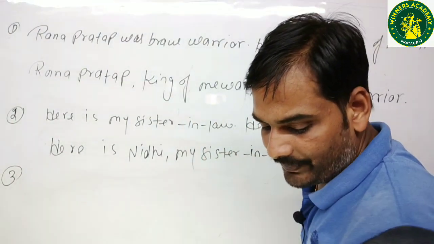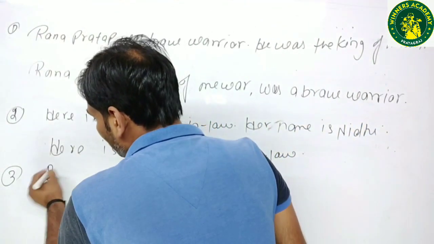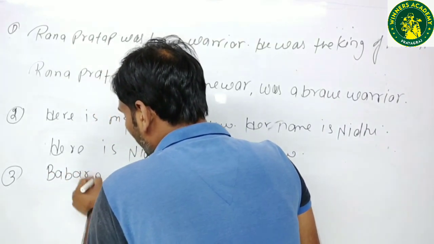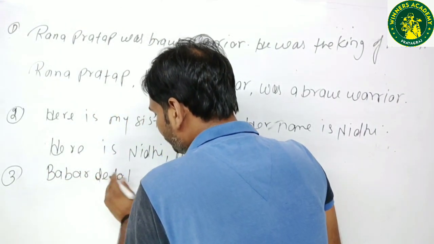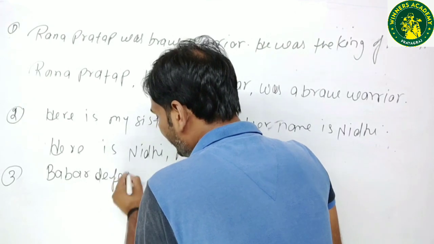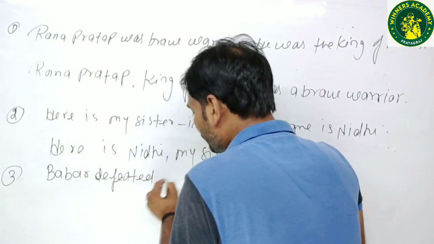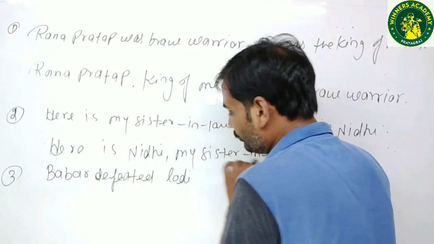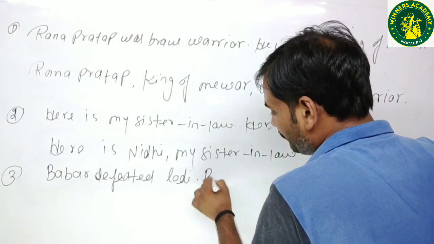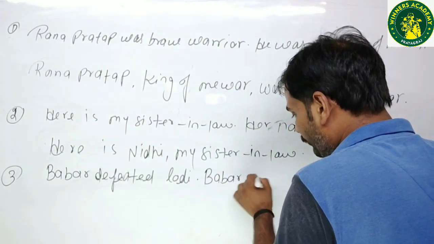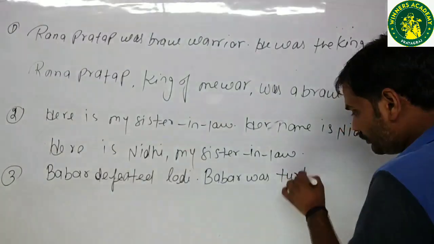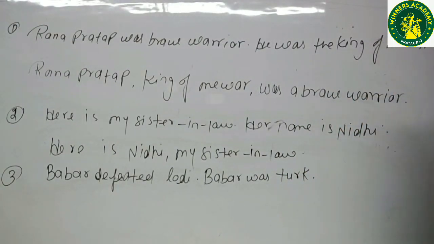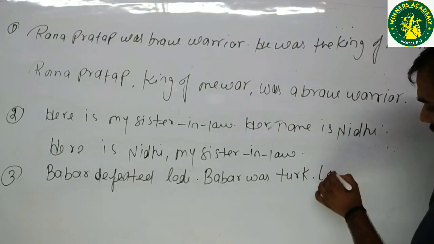Our third sentence is, Babur defeated Lodi. This sentence is very good. Babur defeated Lodi. Full stop. And then, Babur was a Turk, and Lodi was the emperor of India.